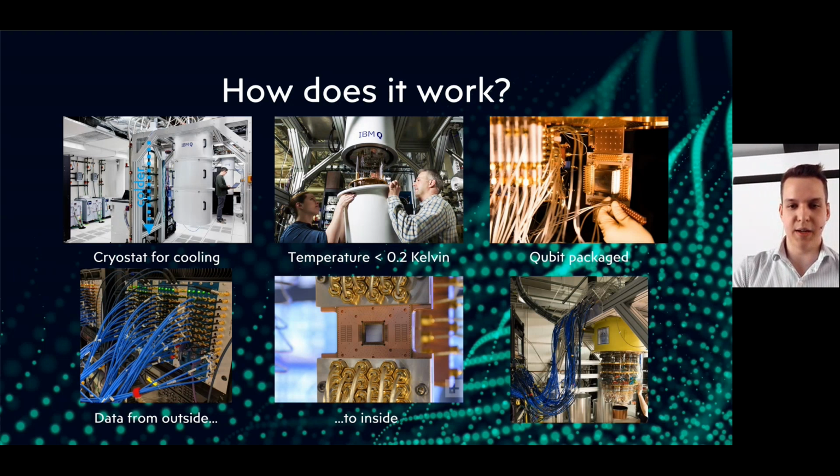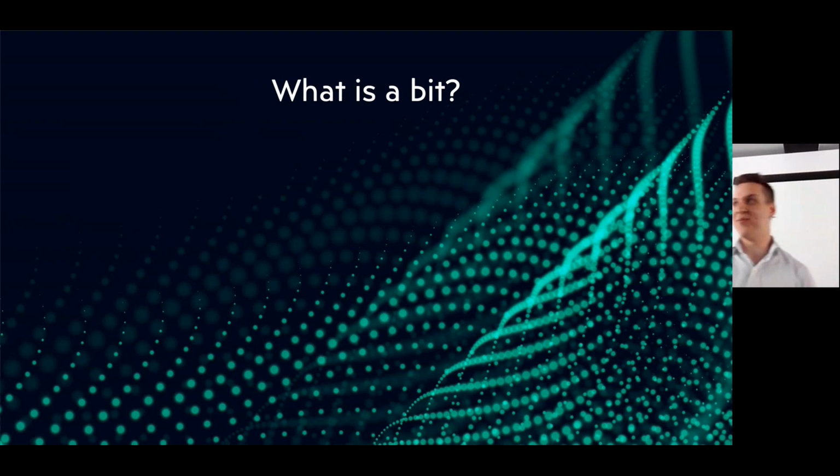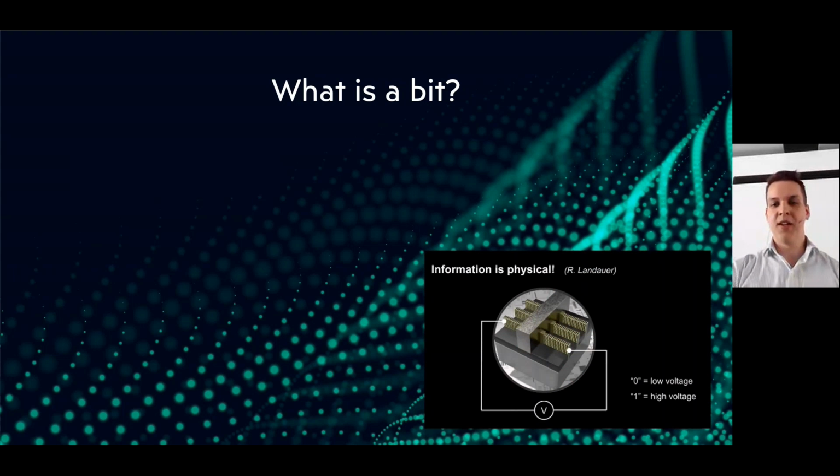Then next, what is a bit? We all know a bit, from our smartphone or computer. They're normally transistors in a silicon chip, like this one here. If you have a low voltage in a transistor, it's a 0. If you have a high voltage, it's mostly 1. And this is basically what a bit represents.